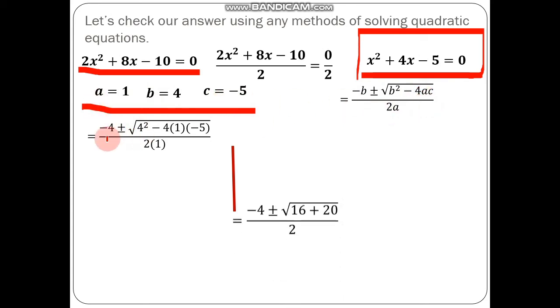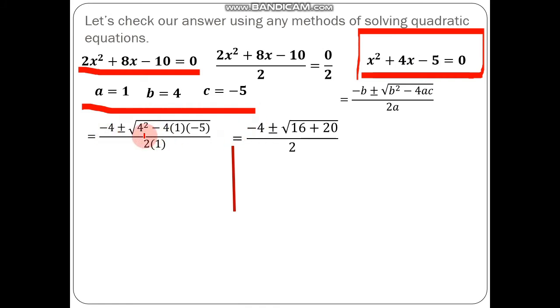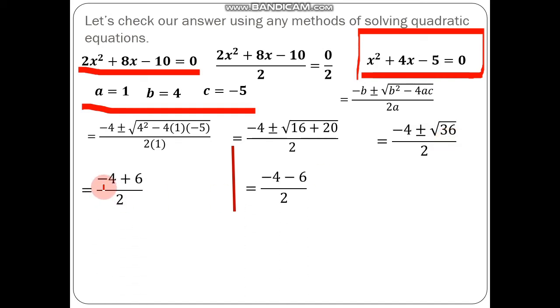So simplify. Negative 4, and then 4 times 4 is 16. Negative 4 times 1 times negative 5 is positive 20. And then simplify the numbers under the radical sign. 16 plus 20 becomes 36, and the square root of 36 is 6. So we got negative 4 plus 6 over 2, and then negative 4 minus 6 over 2.